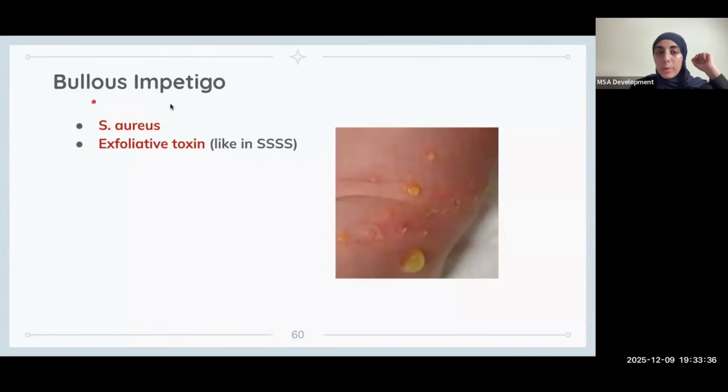That's why bullous impetigo, which has exfoliative toxins, is due to Staph aureus. There's no strep pyogenes here, it's Staph aureus. This toxin is the same one that we're going to see in the staph scalded skin syndrome in a second, so just remember it. Exfoliation is when you have sloughing off of the skin. So bullous impetigo, staph aureus, exfoliative toxin. And remember the picture of the bulla.